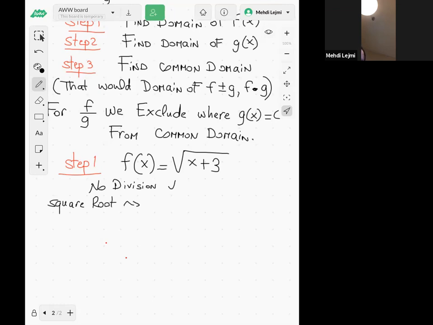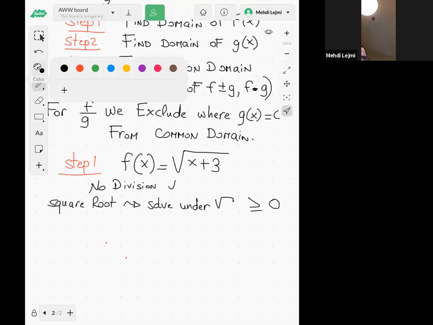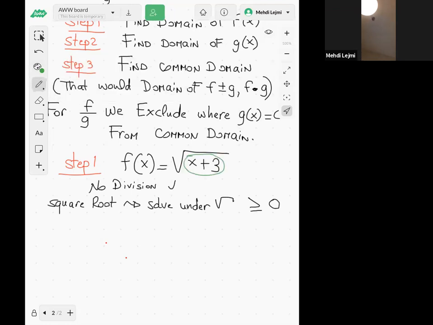So we have to solve what's under the square root, larger or equal to 0. Under the square root, we have just x plus 3. So we have to solve x plus 3 larger or equal to 0.